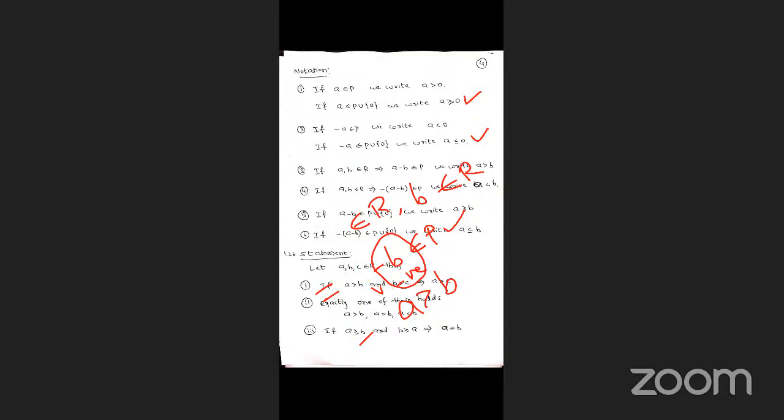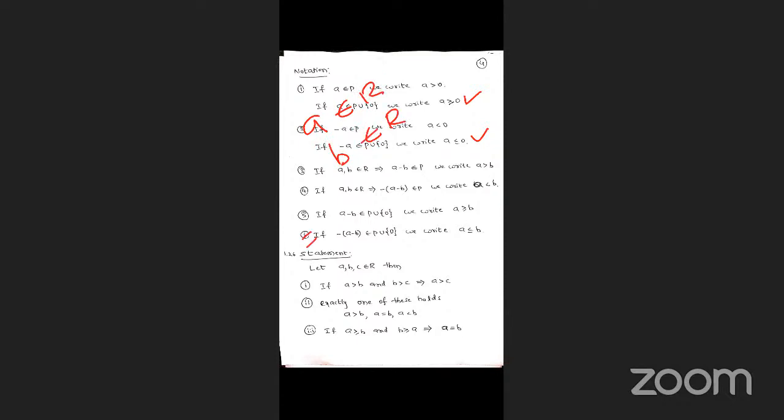Okay, and next one, fourth one. Here A comma B belongs to R. A belongs to the real numbers and B belongs to the real numbers. Then minus of A minus B, which is minus A plus B, is written as B minus A. B minus A belongs to P. Here P is a positive number.